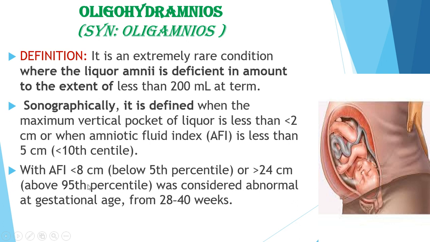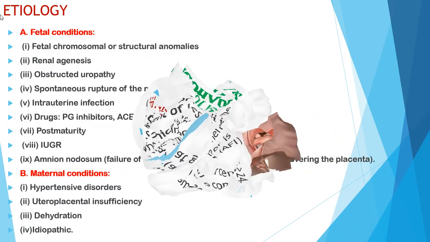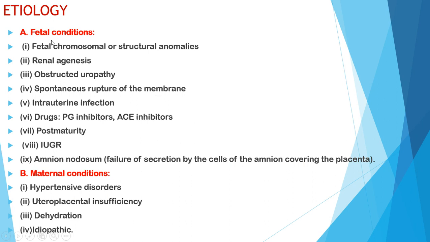An AFI less than 8 cm, that is below the 5th percentile, or more than 24 cm, that is above the 95th percentile, is considered abnormal at gestational age 28 to 40 weeks. So if it is less than 8 cm or more than 24 cm, we should pay special attention. Now we can see the etiology of oligohydramnios.